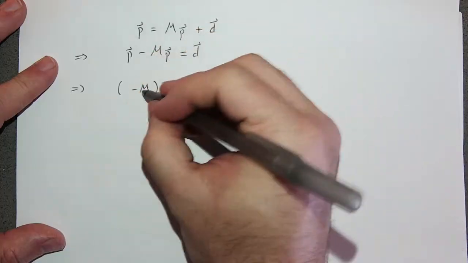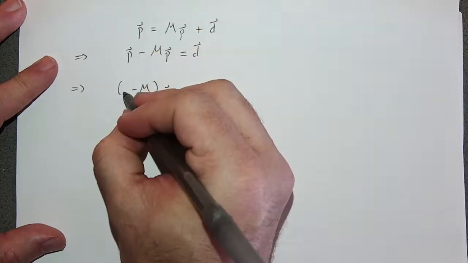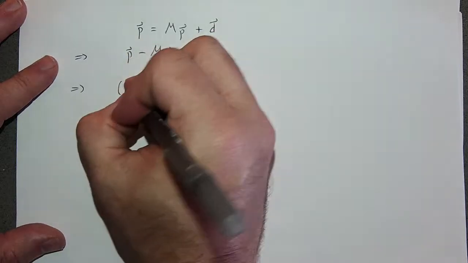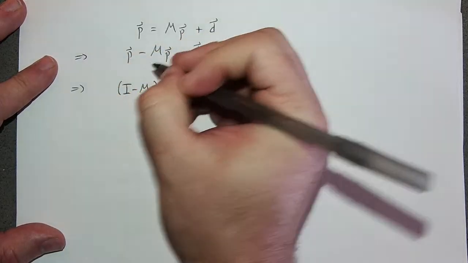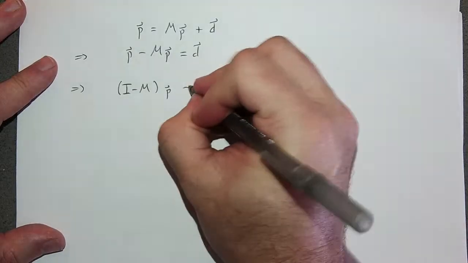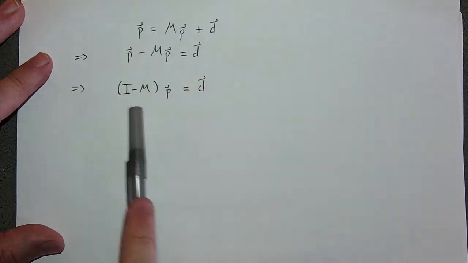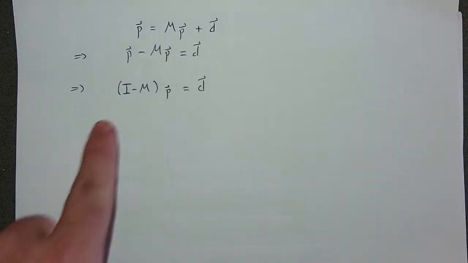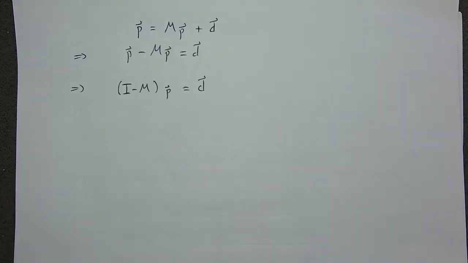But we can't really have 1 minus M times P. That doesn't make any sense because that would be a scalar minus a matrix. But what you're actually wanting to do is 100% fine, so long as you notice that this is what it is that's going on. Right? So while I cannot put 1 there, I can put the object that is 1 for matrix multiplication, which is the identity matrix, right? So this is I minus M times P is equal to D. Okay.